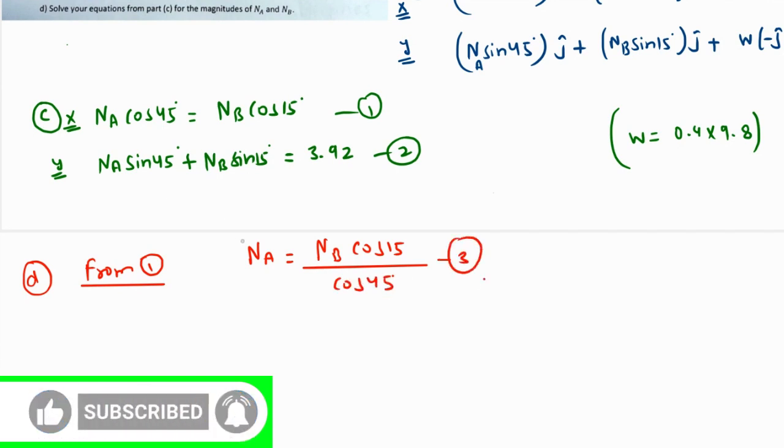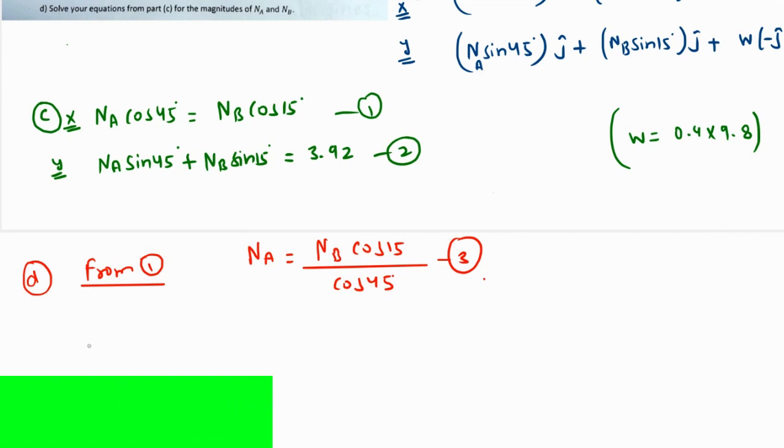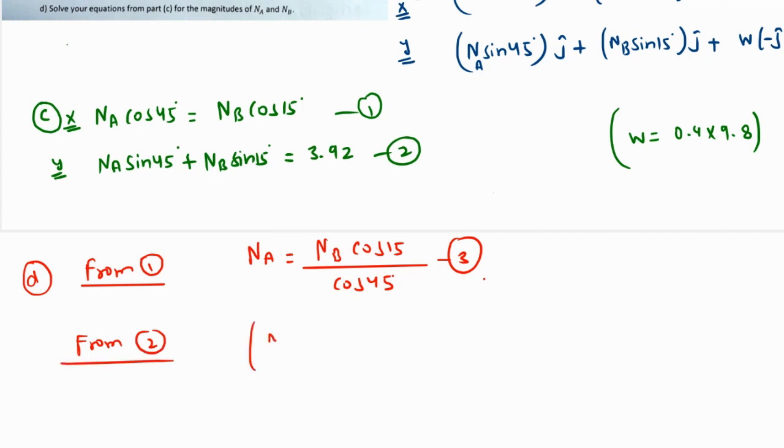And this N sub A, we are going to substitute in equation number 2. So from 2, N sub B cos of 15 over cos of 45 degrees times sine of 45, plus N sub B sine of 15 degrees is equal to 3.92.